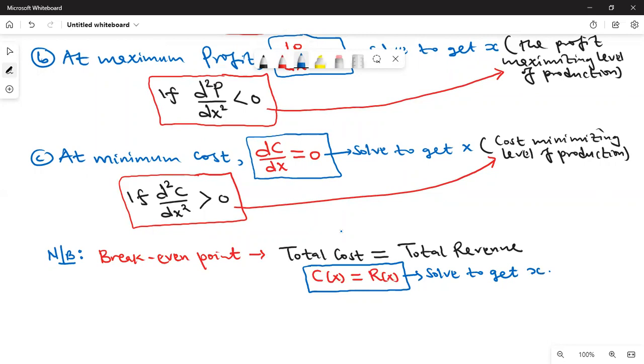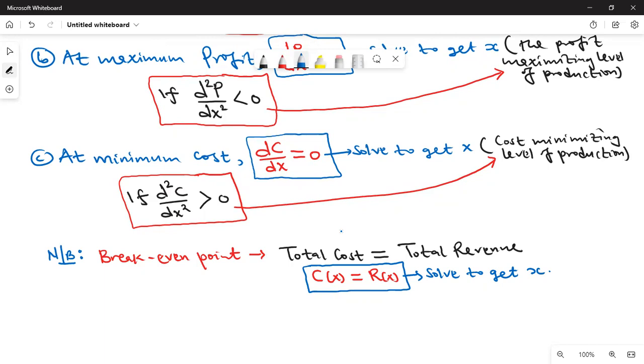That is what we mean by break-even point. How many do I need to sell for me to recover the amount that I used in production, so that anything that you sell on top of the break-even point will give you profit. So I hope that is understood.